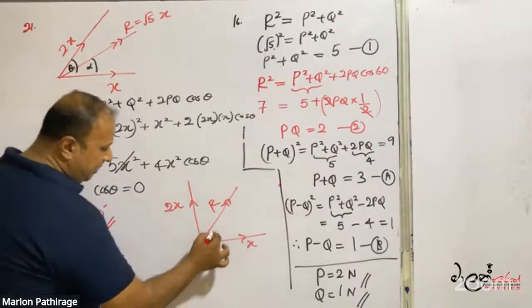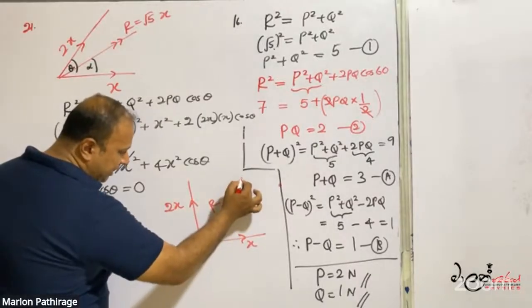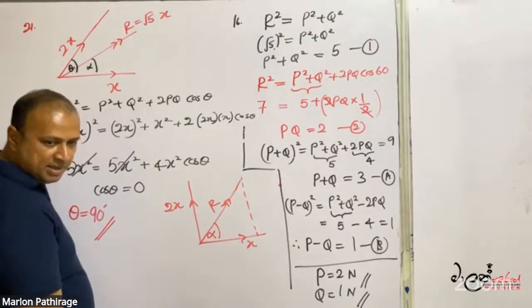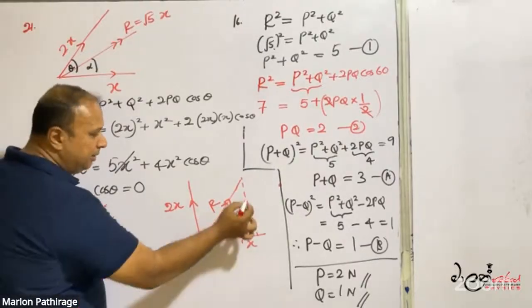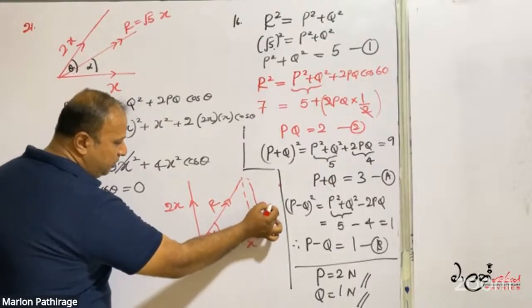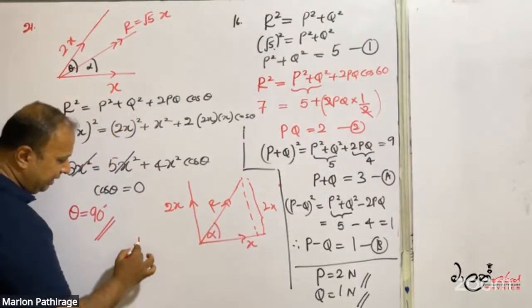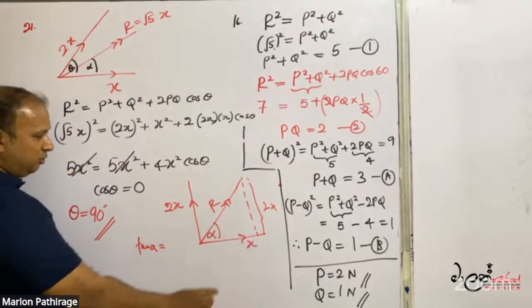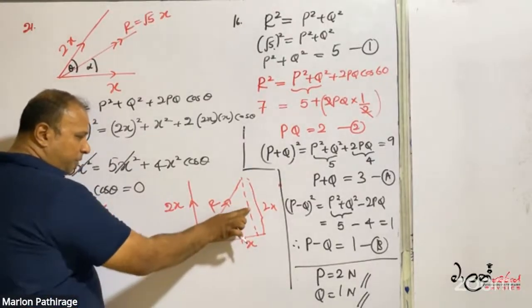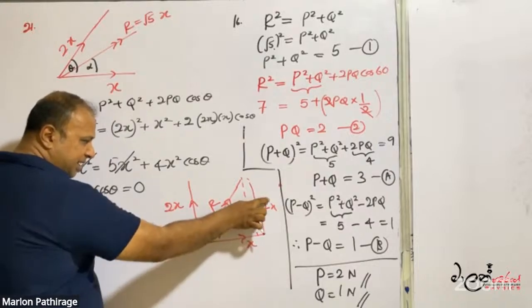So if you consider this angle to be alpha, tan alpha should be equal to opposite side over adjacent side. Opposite side is 2x.